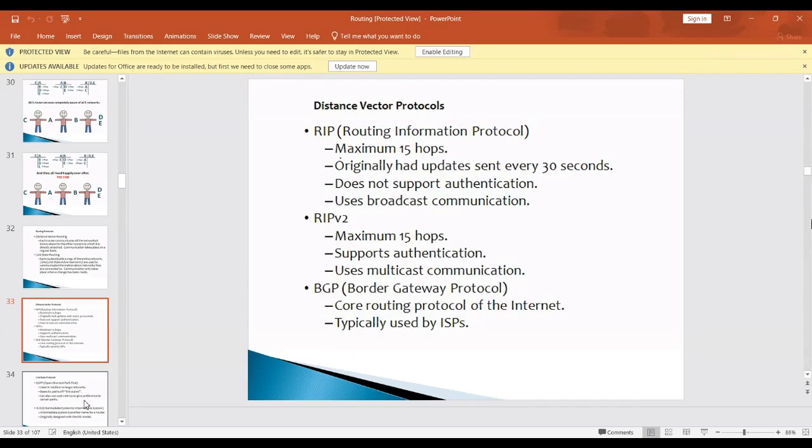For example, if one ISP is SLT Mobitel, another ISP is Dialog, or another ISP is Airtel, all these communication companies are ISP companies, and they have autonomous systems. So between those autonomous systems, they use the Border Gateway Protocol, right?